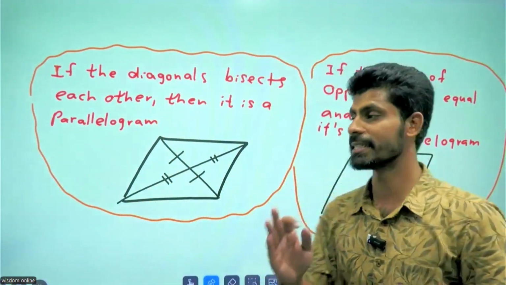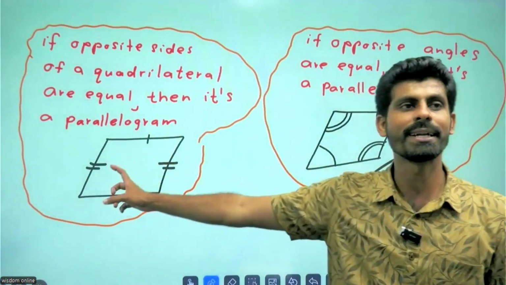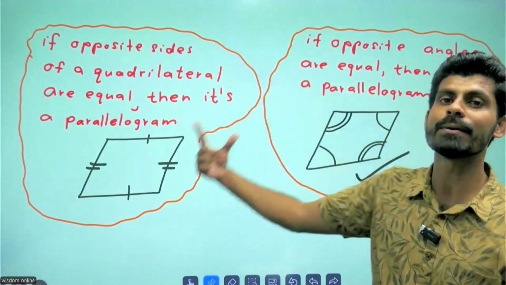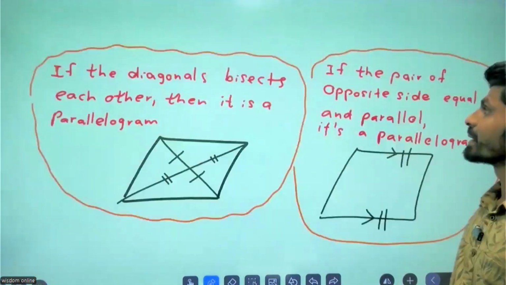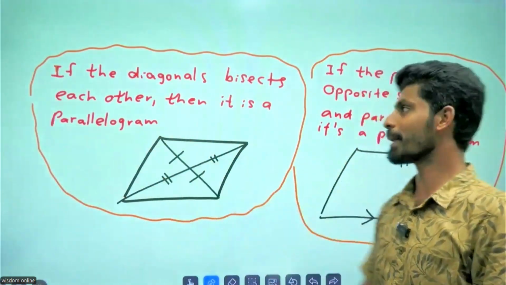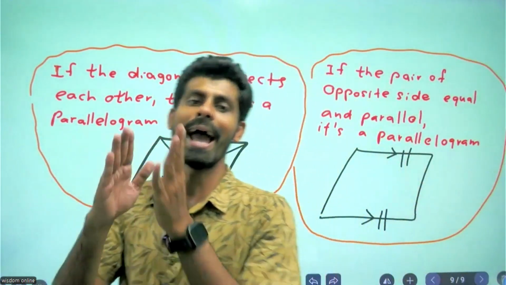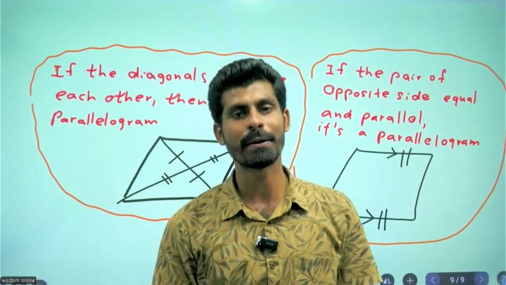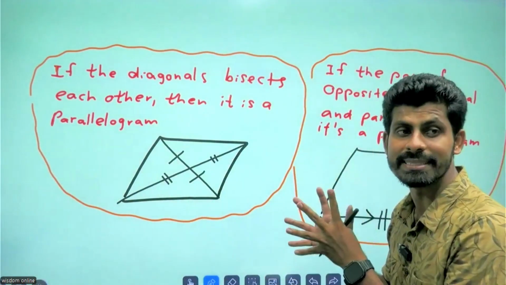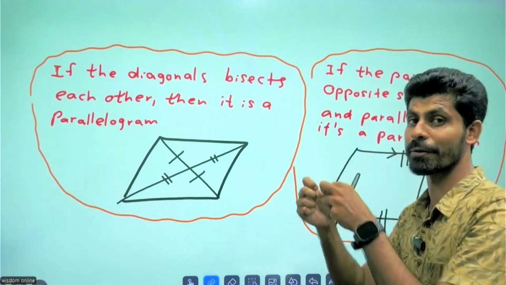So what are the conditions you need to prove for a parallelogram? If opposite sides are equal, that is a parallelogram. If opposite angles are equal, that is a parallelogram. If diagonals bisect each other, that is a parallelogram. If a pair of opposite sides are parallel and equal, that is a parallelogram. So those are the conditions that should be satisfied to prove a quadrilateral is a parallelogram.